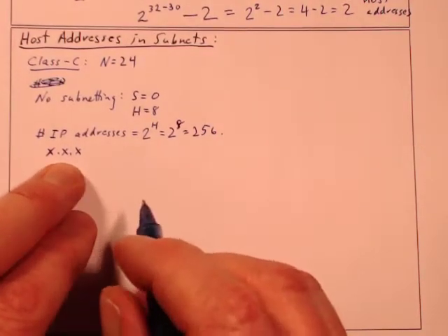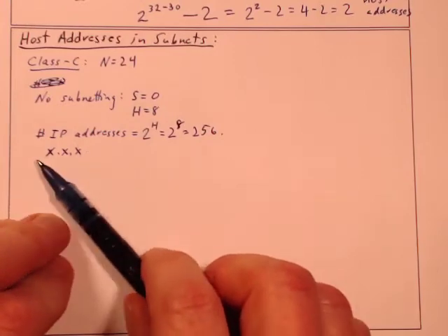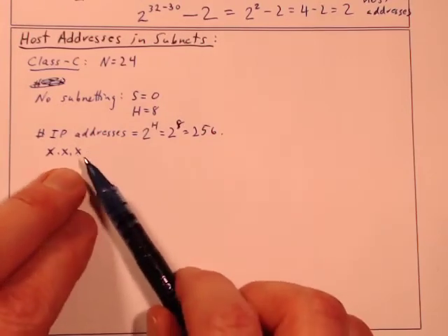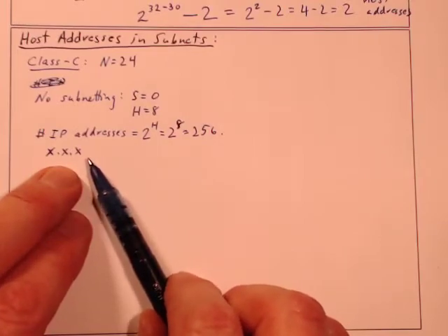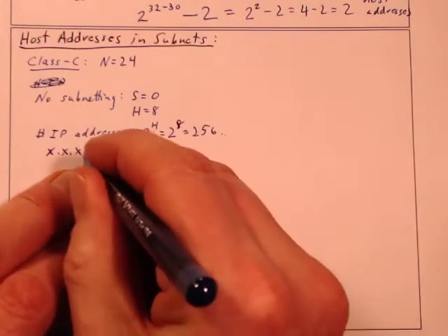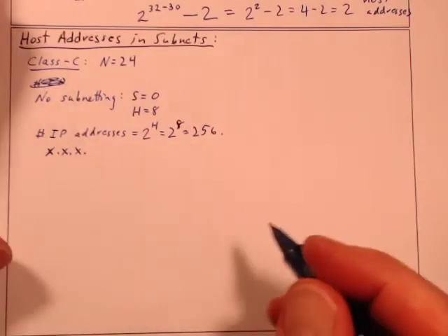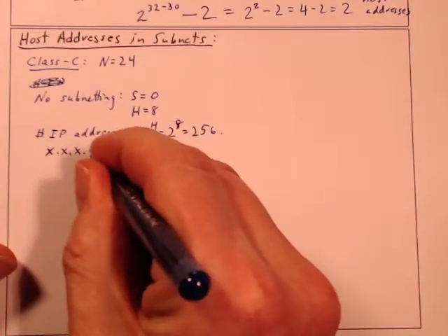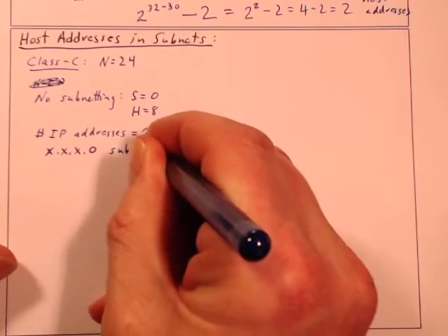Recall that when we write an IP address, we write 4 decimal numbers, each in the range of 0 to 255, and it's this last byte that we can specify. According to the convention, the very first one available is the subnet ID.